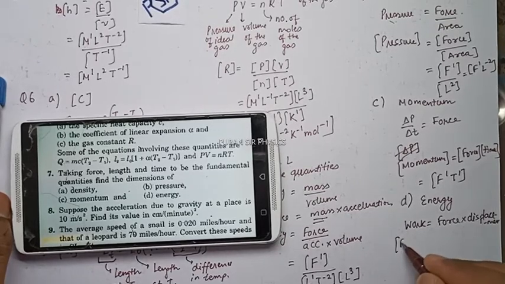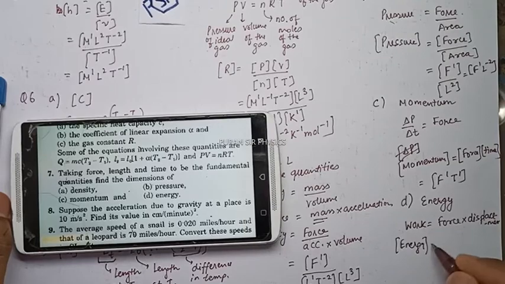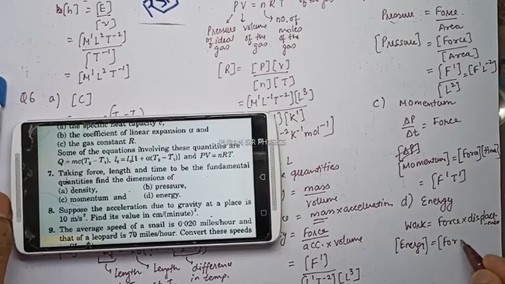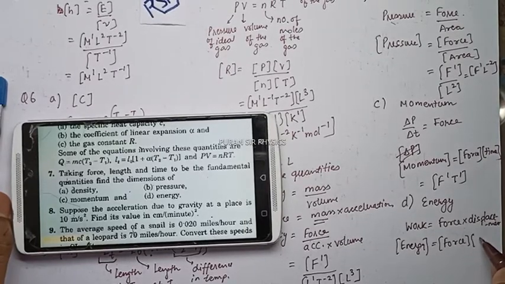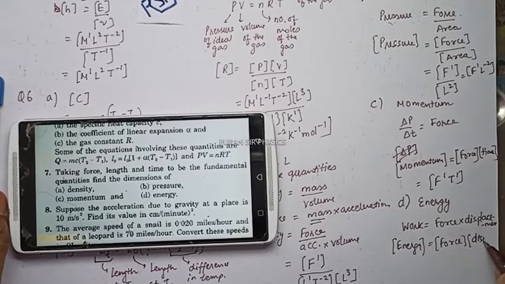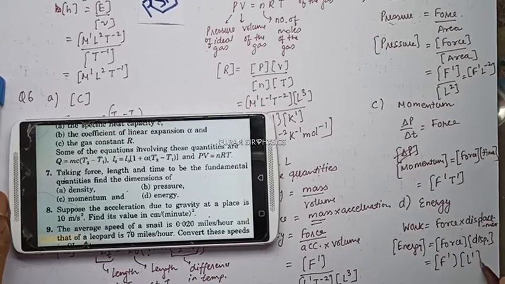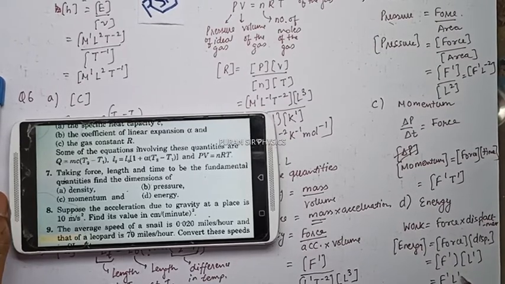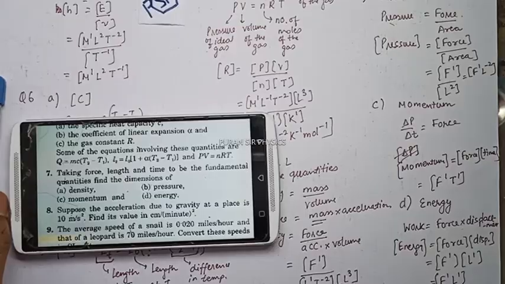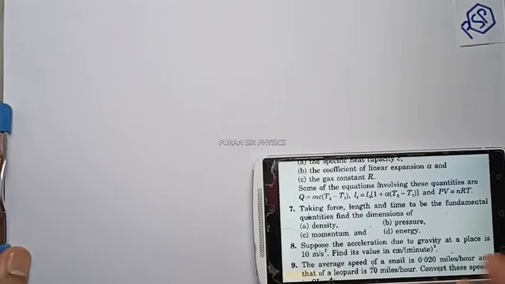So the dimension of energy will be the dimension of force times the dimension of displacement. So it will be F raised to power 1 L raised to power 1. So this is the answer of part D.